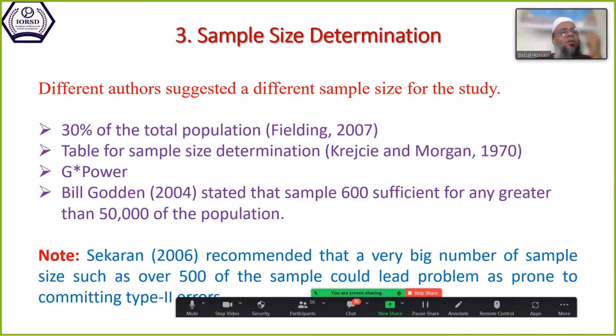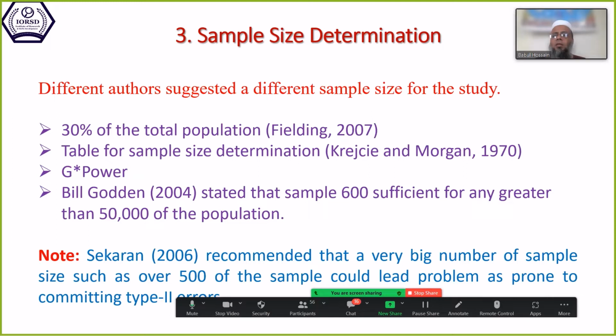In such a case, we use G*Power, if our population is really unknown and we cannot figure out the exact number. You will find many videos on how to calculate sample size through G*Power.